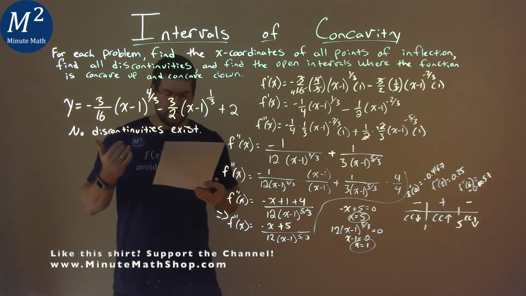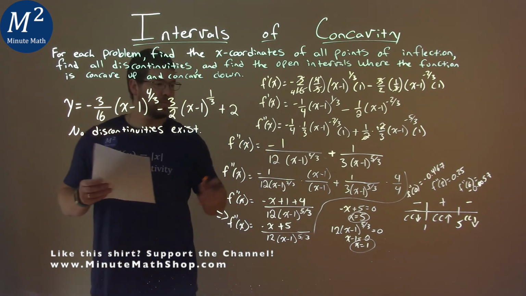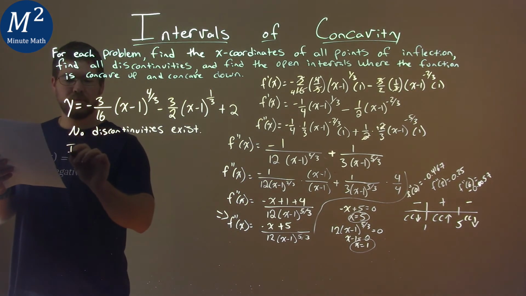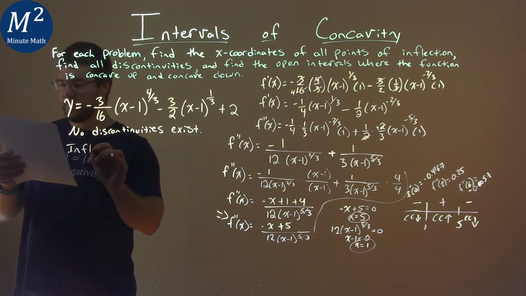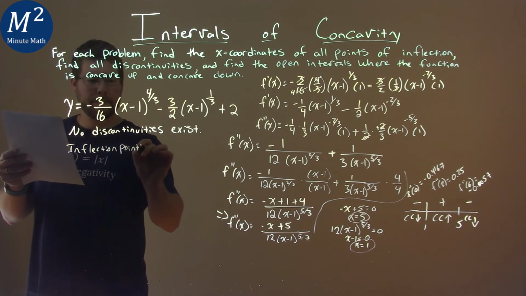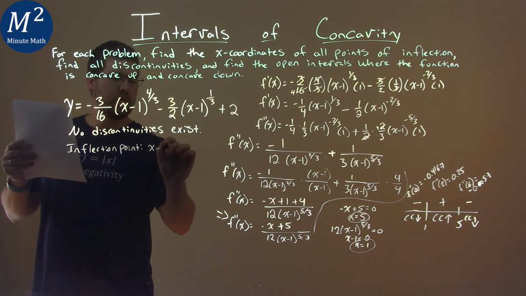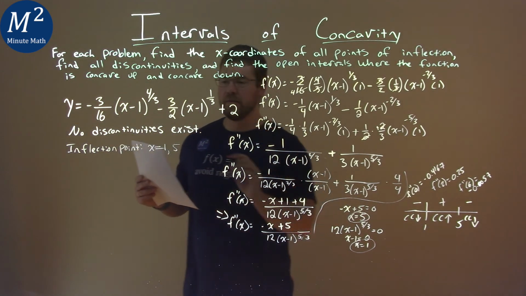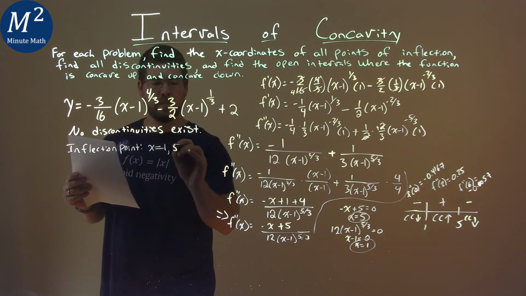All right. So we have inflection points at x equals 1 and 5, because look, we are changing concavities at 1 and 5. Good to note there.